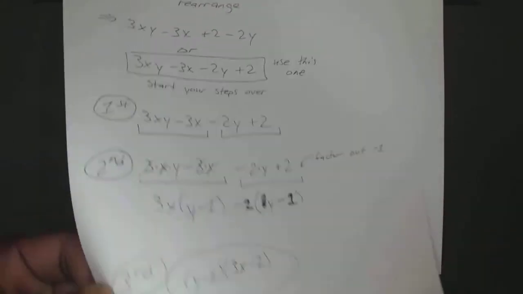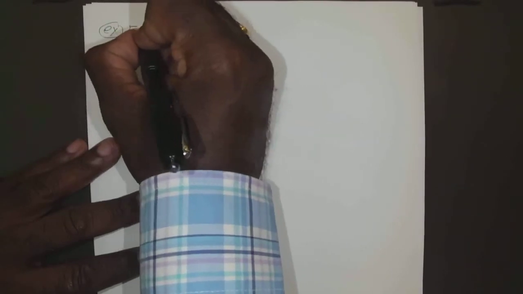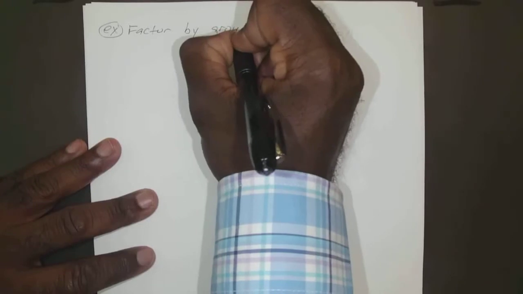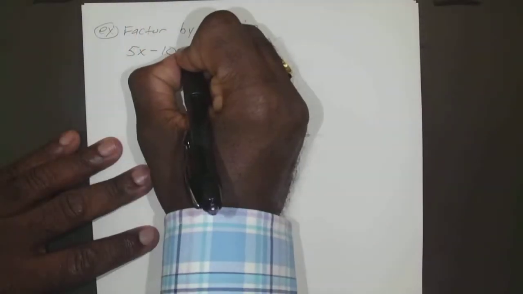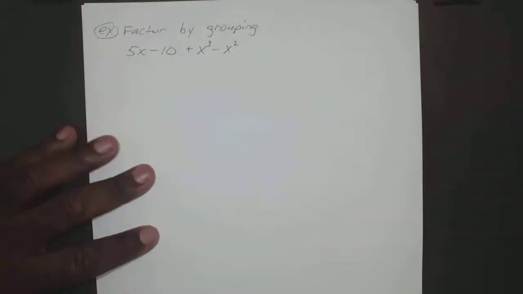All right, so let's say, for example, I'm going to factor by grouping. 5x minus 10 plus x to the third minus x squared.